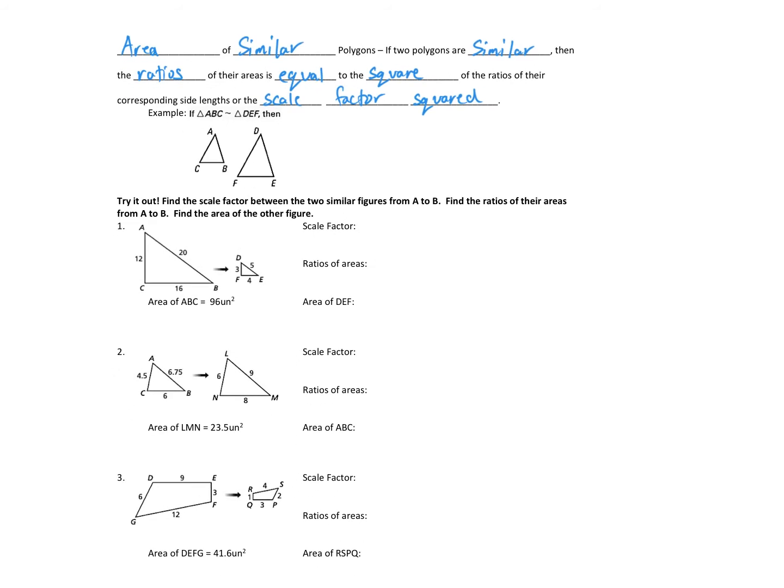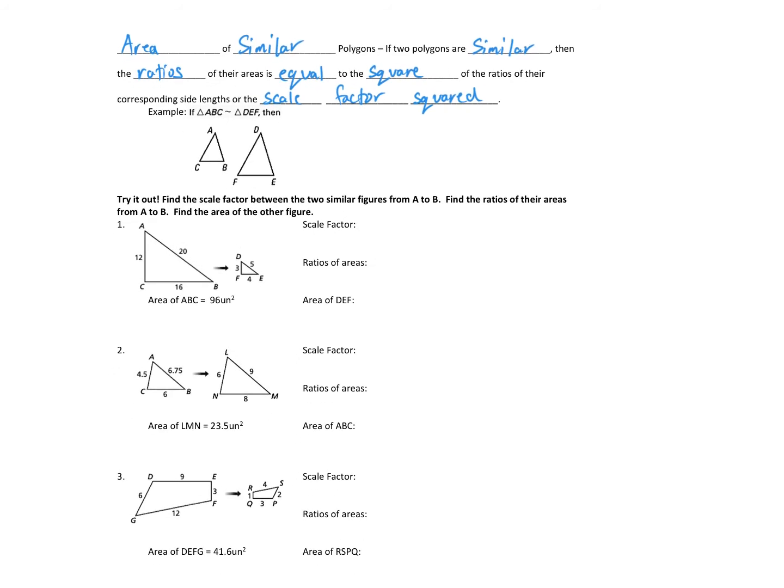So here, we don't necessarily have to find the area. If you know two corresponding sides, you know the scale factor, you can already find the ratio of the areas. So let's say this is 1, 2, and 3, and this is 2, 4, and 6.